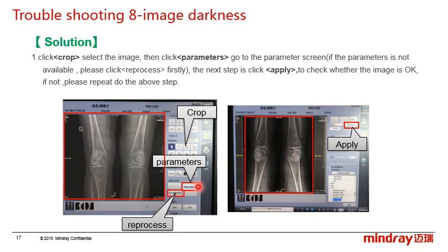If the parameters button is not available, please click the reprocess first, and when you enter this page, just click apply to apply the process, and then check whether the picture is okay or not. If not, please repeat the previous step.